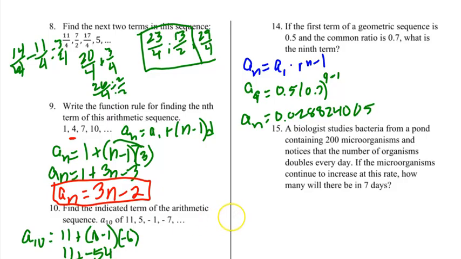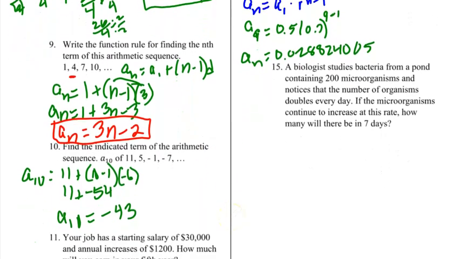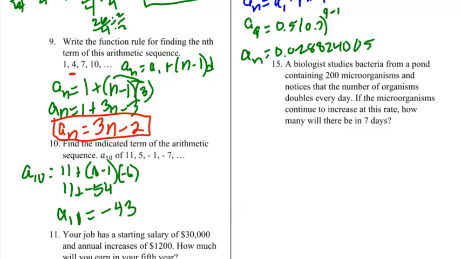And our last question, a biologist studies bacteria from a pond containing 200 microorganisms and notices that the number of organisms doubles every day. If the microorganisms continue to increase at this rate, how many will there be in 7 days? So we're going to use the same formula we have.